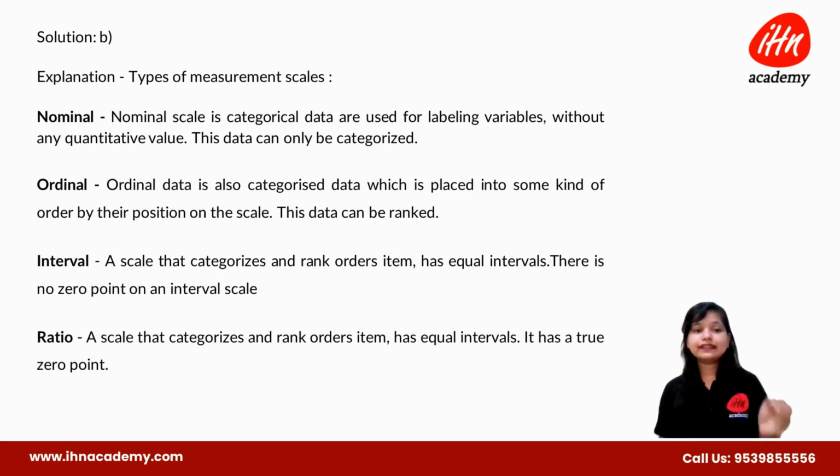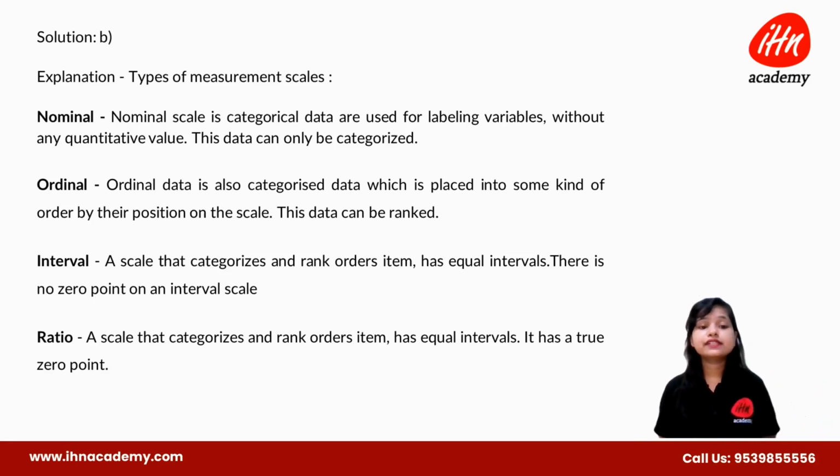So we can say that the next scale has the properties of the previous scale plus some new properties, right? So interval scale में nominal और ordinal scale की सारी properties हैं, and the new property is that it has equal intervals, but there is no exact zero point in the interval scale.